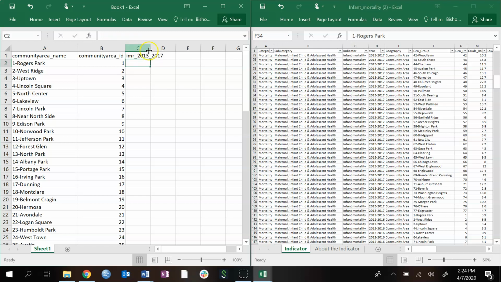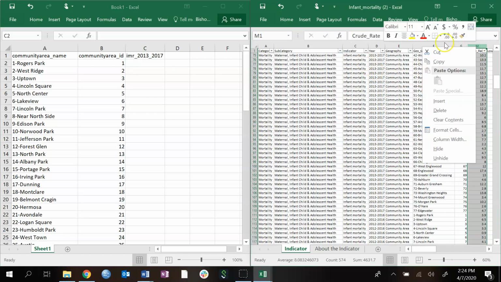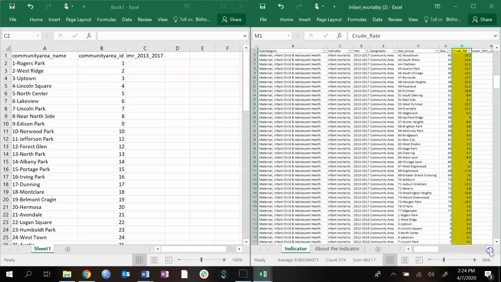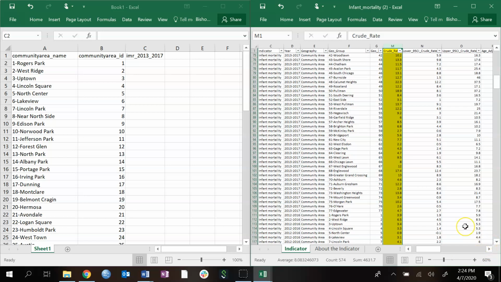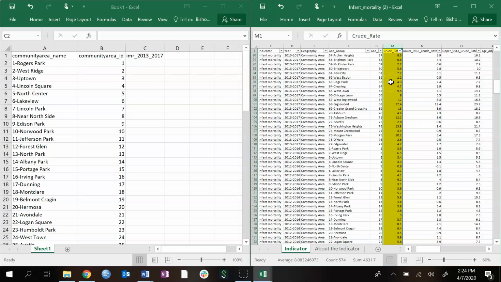Don't put any dashes in there either because SPSS does not like it. Okay, so what we're going to do over here is we're going to highlight the crude rate column to just kind of keep us centered so that we don't accidentally copy in something that is not what we want to use. So all of the crude IMRs are going to be in column M, okay?